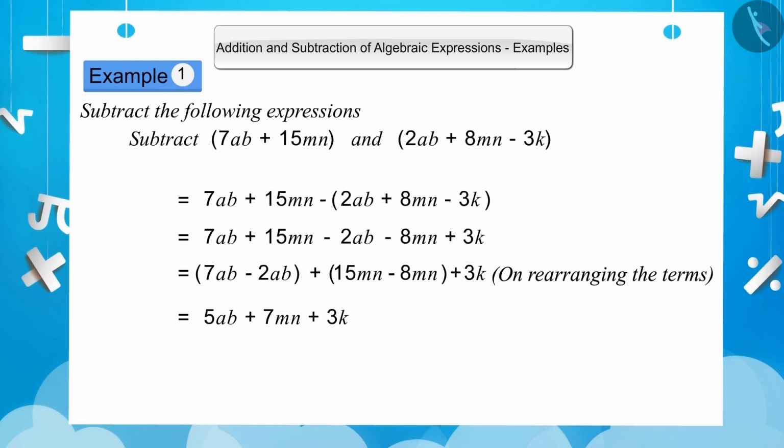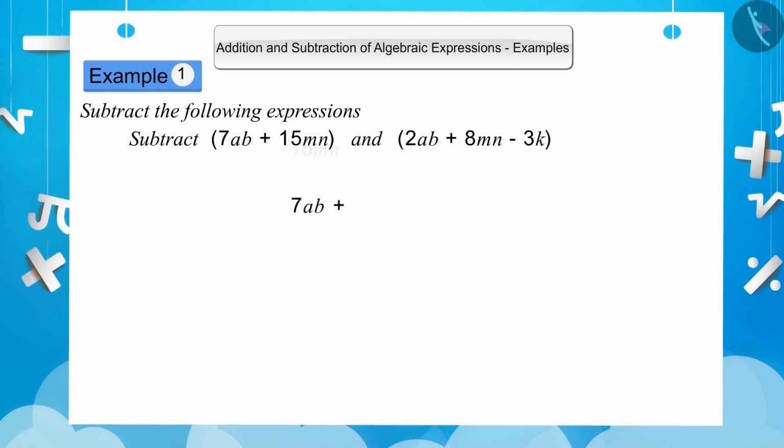Let us solve it by another method. In this method, we place the expressions one below the other in such a way that the like terms remain in the same line. So here, we place 2ab under 7ab and 8mn below 15mn, and we keep 3k apart because it is an unlike term.